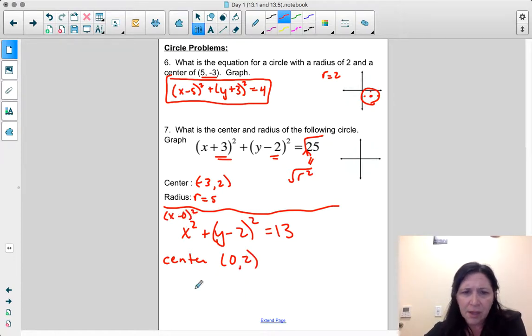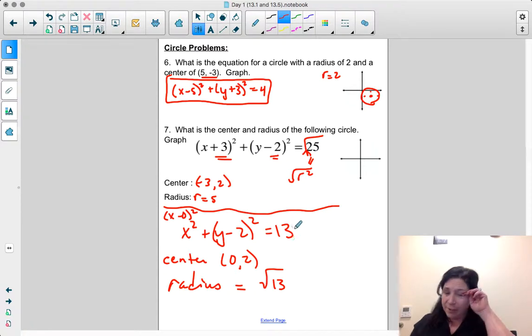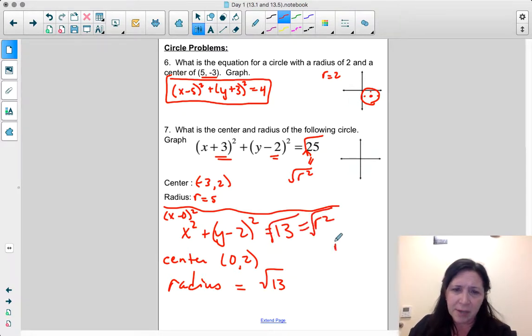And my radius is going to equal the square root of 13, not 13 or 13 squared. It's going to be the square root of 13, because remember, this is equal to r squared, so you're going to square root both sides. You get the radius is equal to the square root of 13.